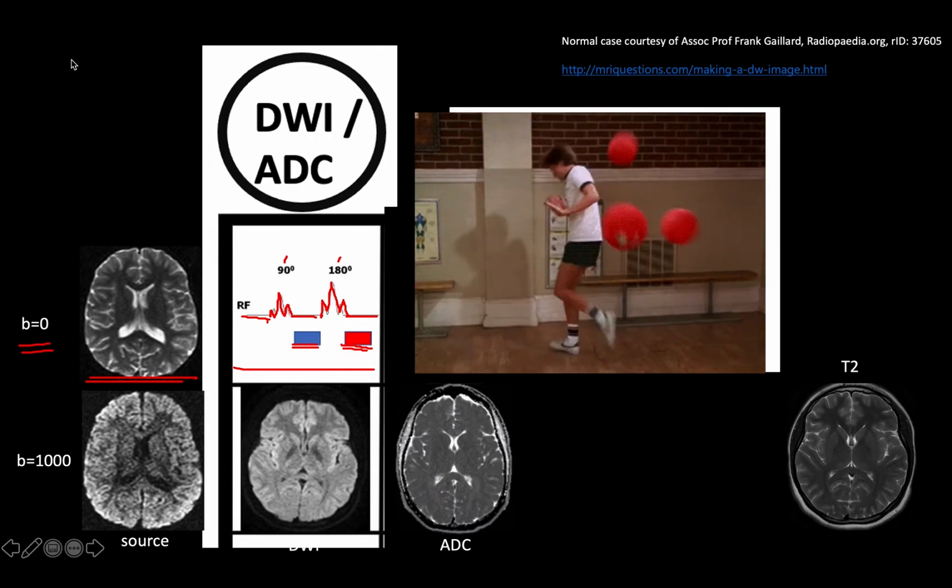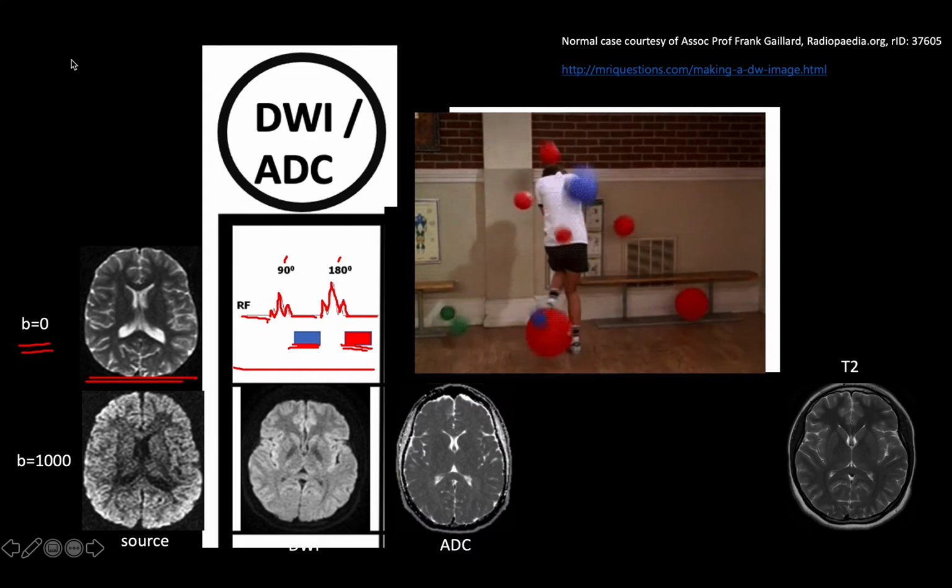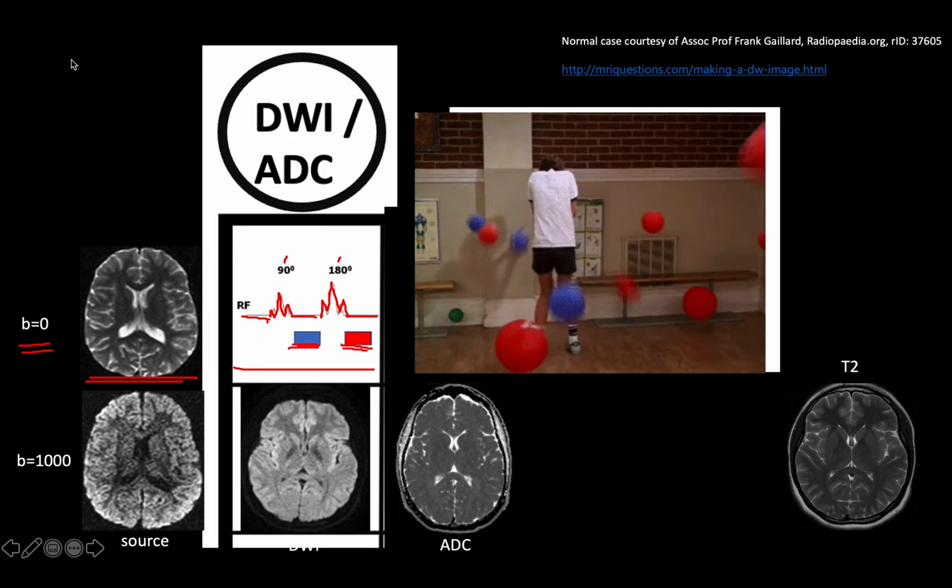The formal term for this blue gradient here is the dephasing gradient, and for the red one, the rephasing gradient.